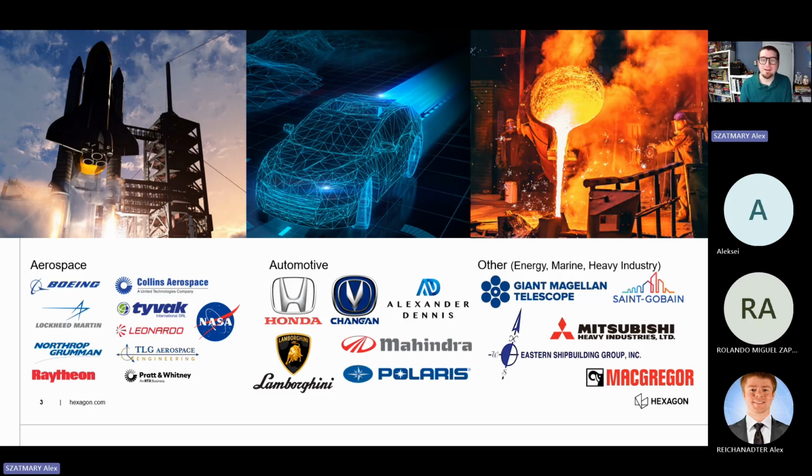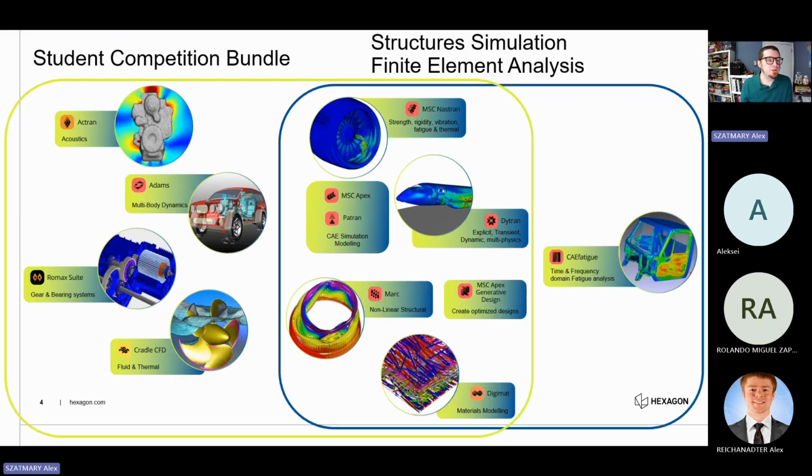And really, Nastran and our related finite element tools can also be used for any real purpose for finite element analysis, including things like the Giant Magellan Telescope, heavy equipment, shipbuilding. So in the student competition bundle, you can get the tools that are shown in this green rectangle shape.